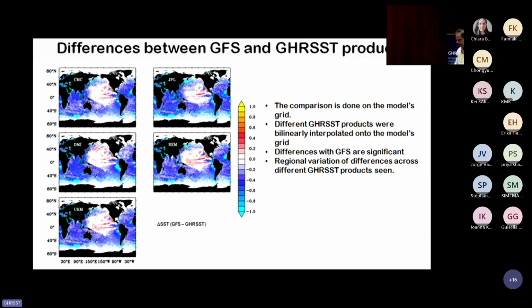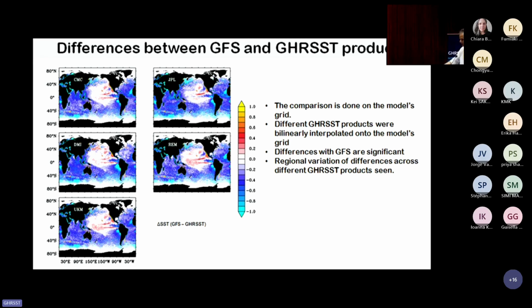As you can see, they range from plus minus 0.5 degree K, and you have differences that are varying for different products.